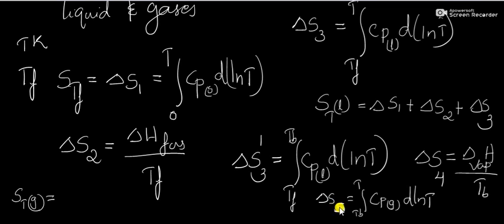That is delta S5 equal to integral Tb to T Cp of gas into d of ln T. Then the absolute entropy of the gas at T Kelvin will be equal to delta S1 plus delta S2 plus delta S3 dash plus delta S4 plus delta S5.